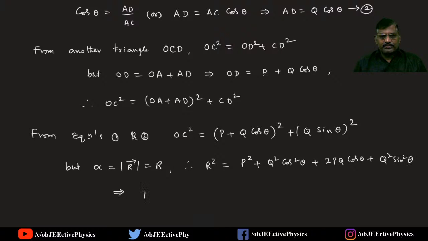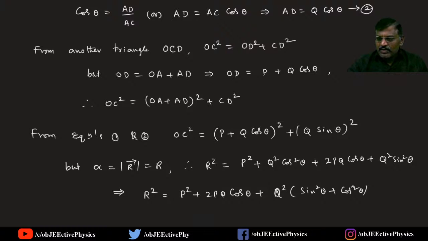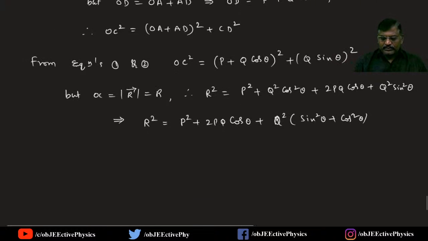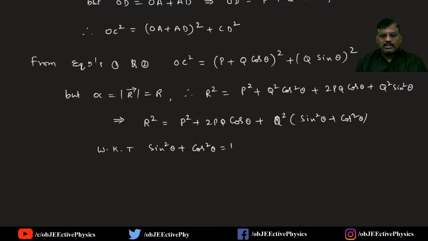And that implies R square is equal to P square plus 2PQ cos theta plus Q square into sin square theta plus cos square theta. We know that sin square theta plus cos square theta is equal to 1.